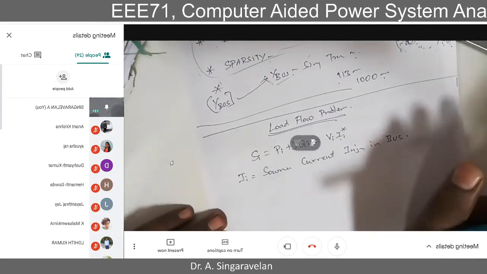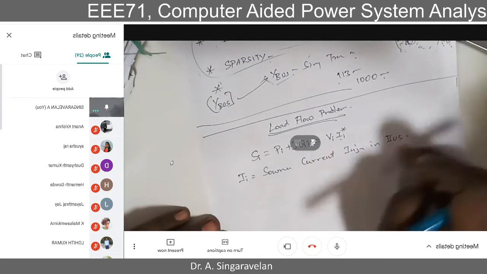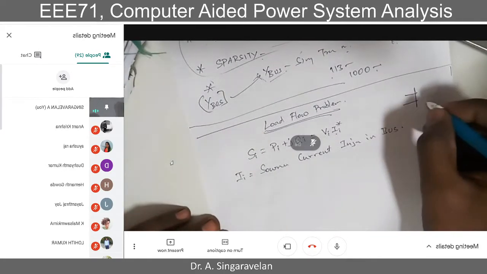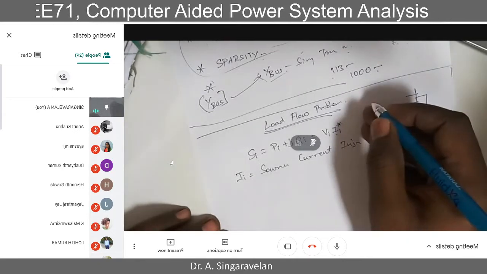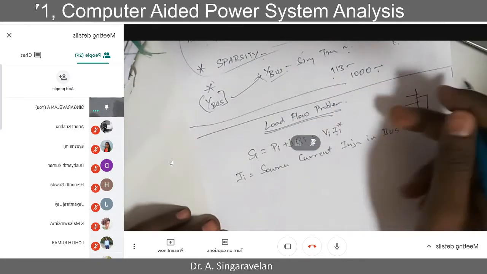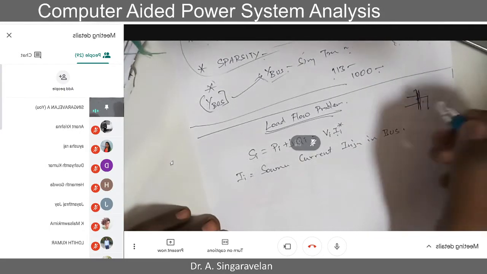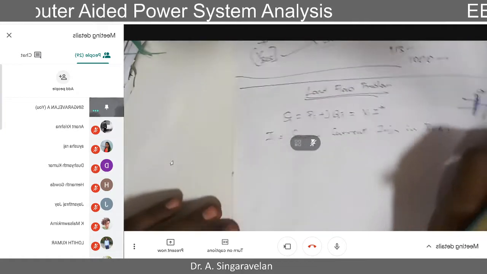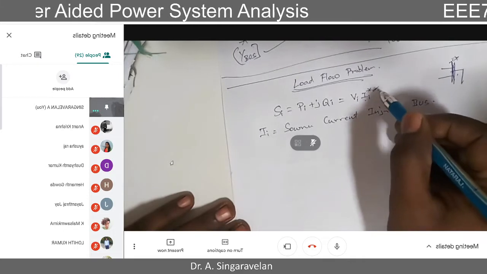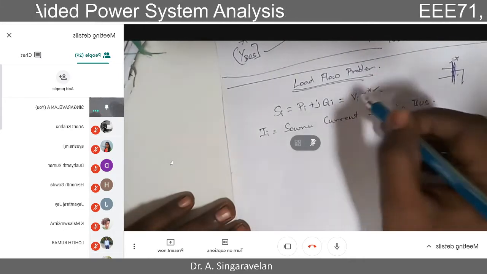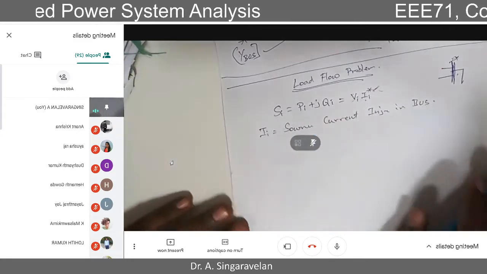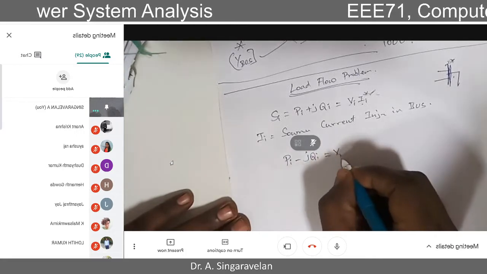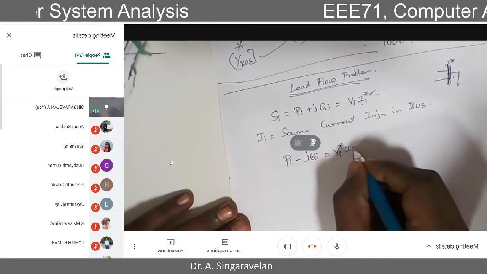What the injected current is, we already discussed, so I will not repeat it here. It is the source current injected at a particular bus. For example, if you take this bus, see how many currents are coming in and how many are going out, add them up and you will get this I. For the load flow problem, if I want to take this complexity into the voltage, I don't want it in I but in Vi, then I take Pi minus jQi equal to the complex conjugate of voltage times Ii as a normal value.